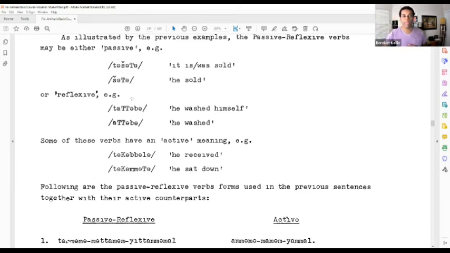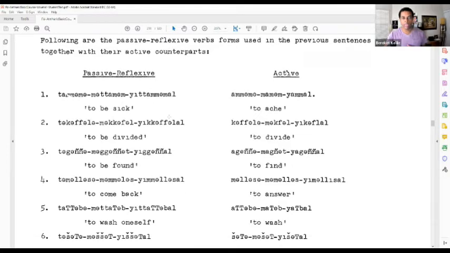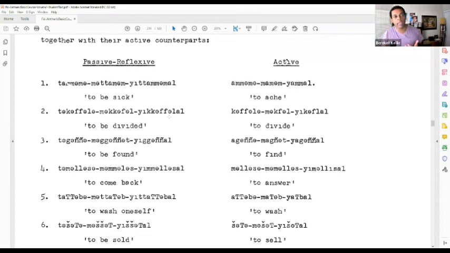And then just above that, if you look at taktaba, he washed himself, aktaba, he washed, that refers to that reflexive form. And then you can see this table at the bottom of the page that shows you the distinction between the passive and the active form. And one thing you'll notice on the left side in the passive reflexive column is that the ta prefix is what distinguishes that form, that ta prefix at the beginning.